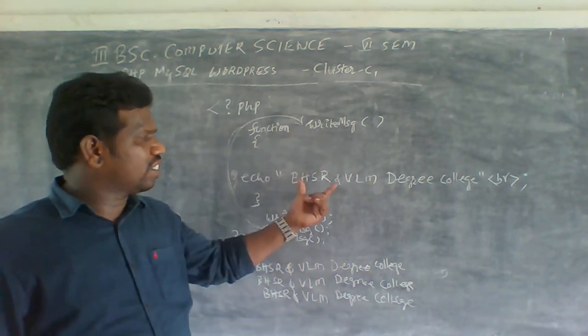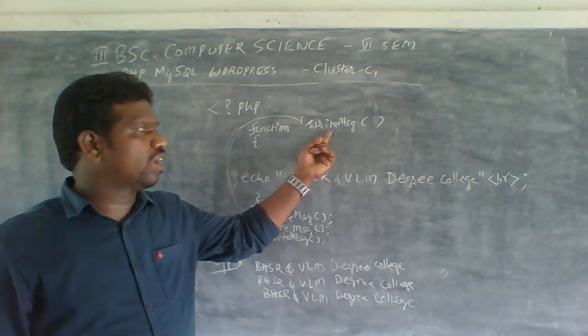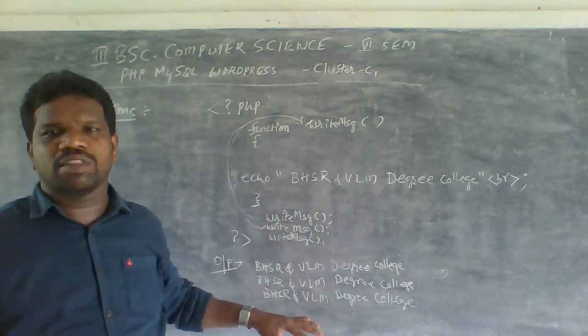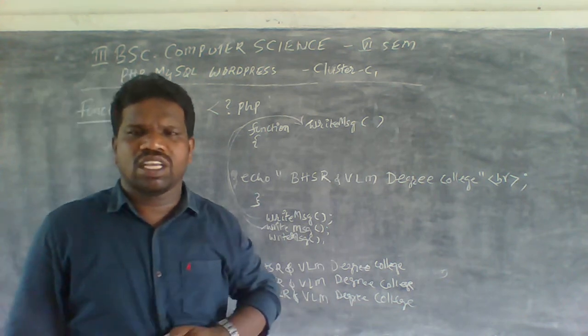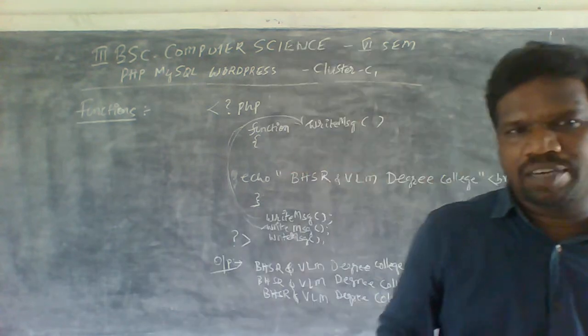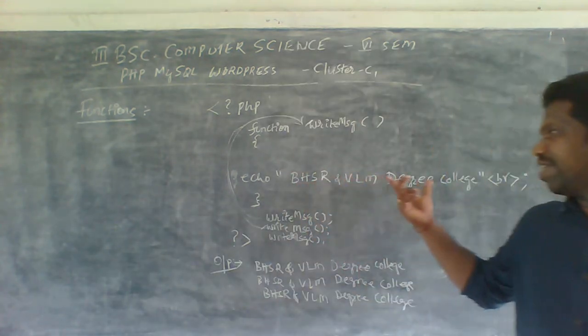I'm writing only one statement here, but the output of the program is three times because of code reusability. The write message function has the statement VHSRBL degree college.